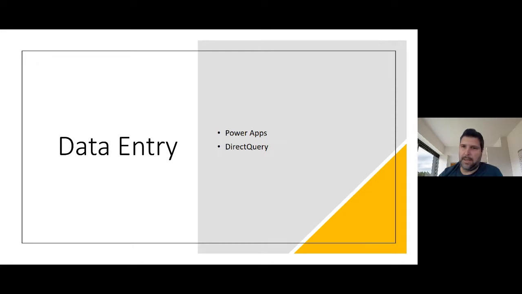I put a link in the chat. If it's not there, just let me know and I'll do it again. This is where you can go and check if the database you are looking to use allows direct query. Basically, direct query is just connecting to the data. You don't import anything. Once something is edited, modified or added in the database, it comes back straight away, and you can see it. And that's what we are going to use.